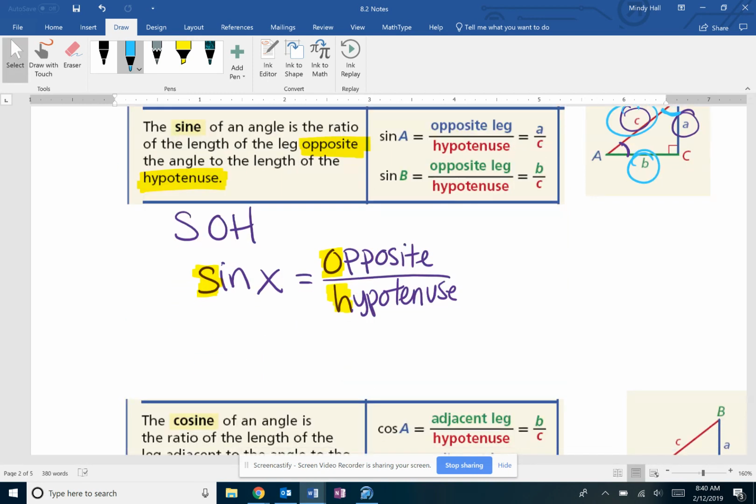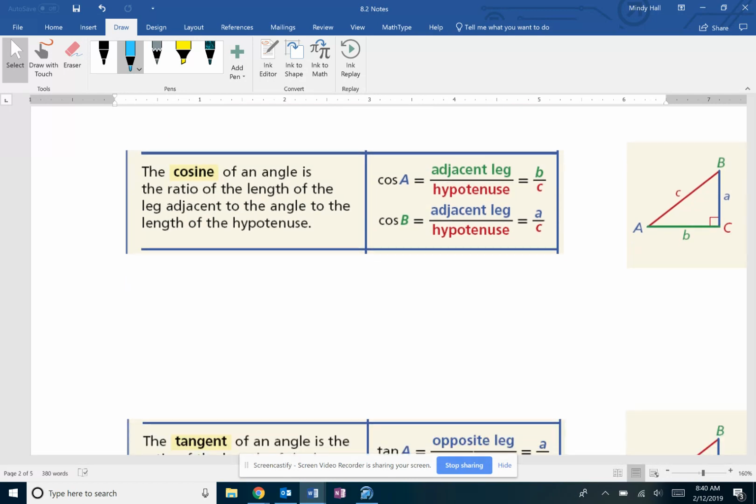Our next trig ratio is cosine, and cosine is the ratio of the length of the leg adjacent to the angle to the length of the hypotenuse. So really similar to sine, except this in SOHCAHTOA is CAH, and that is the cosine of an angle is the adjacent over the hypotenuse.